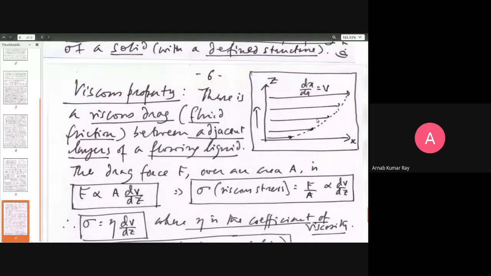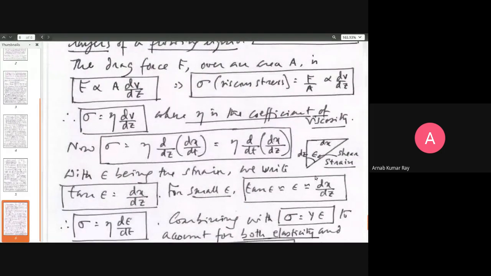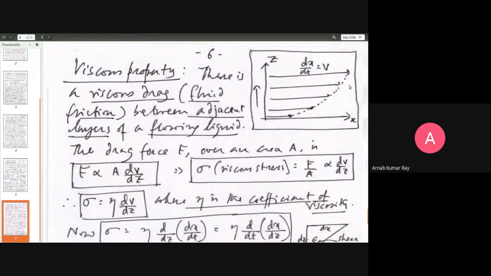You see, the top layer is trying to move forward and the bottom layer would not allow it. And the bottom layer is trying to stay back, but the top layer would not allow it. So the top layer is trying to pull the bottom layer forward and the bottom layer is trying to pull the top layer back.